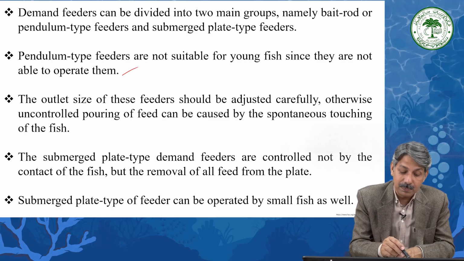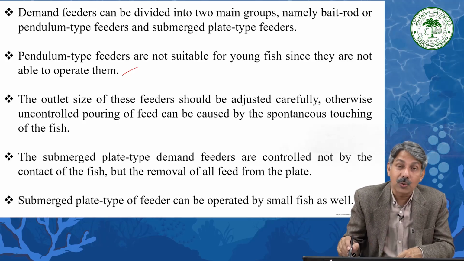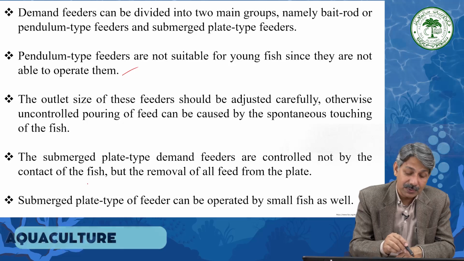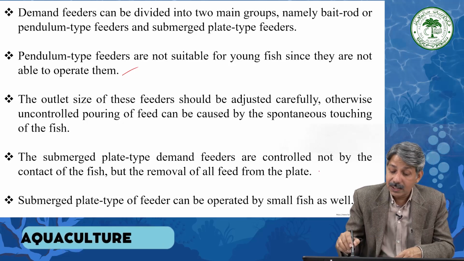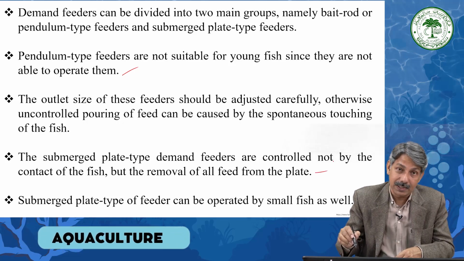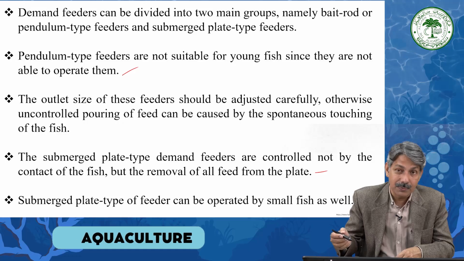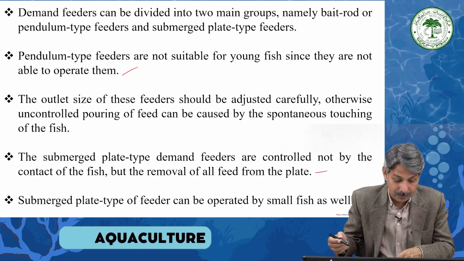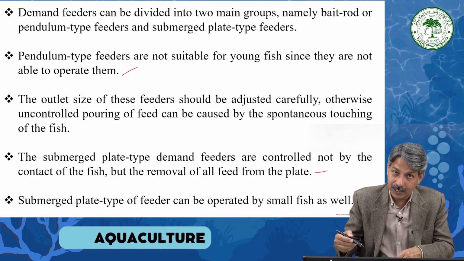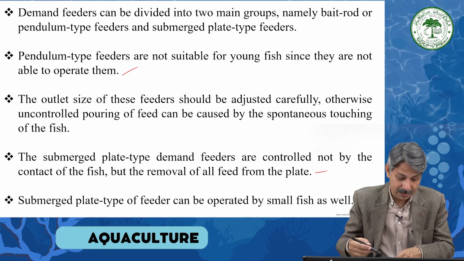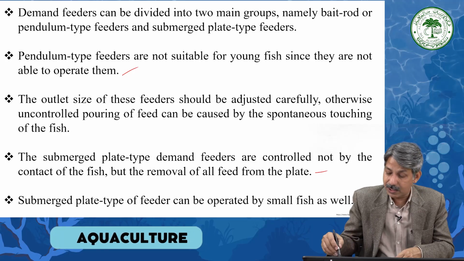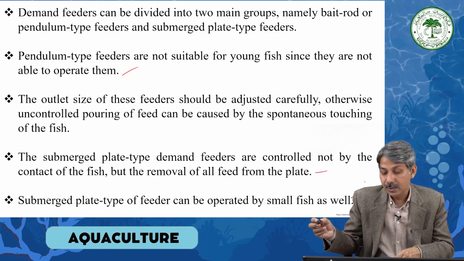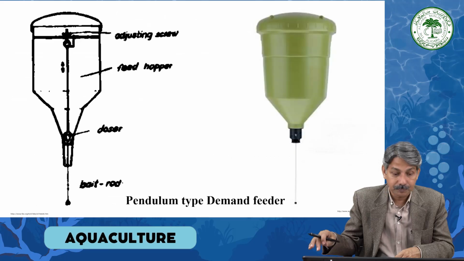The submerged plate type demand feeders are controlled not by the contact of the fish, but by the removal of all feed from the plate. If all feed has been removed, then more feed will come. Submerged plate type feeders can be operated by small fish as well.